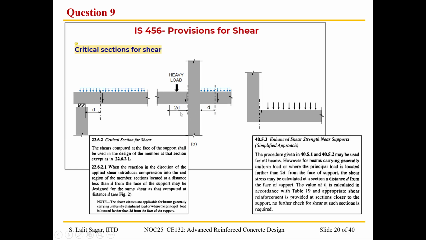So the answer is, whenever there is a heavy load acting within a distance of 2d from the face of the column, the critical section has to be considered at the face of the column.